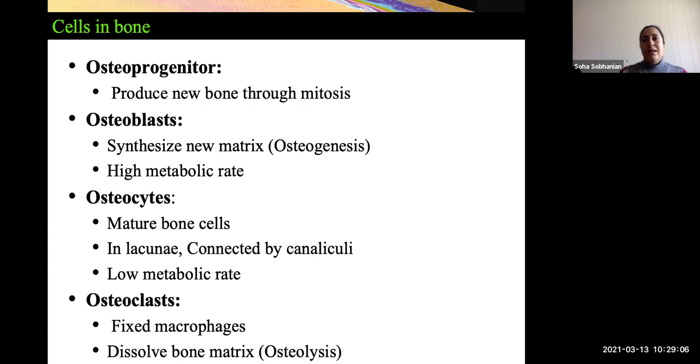So in the scenario that I'm describing for you guys, these three processes, the construction workers, the people that maintain the building, and the people that come and destroy the building, are the three categories of bone cells that I have.